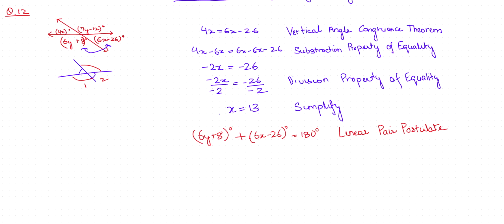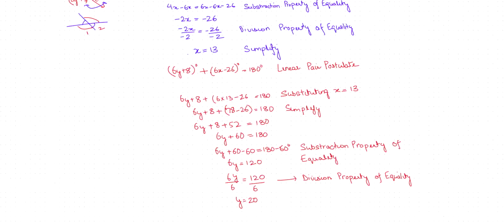Now let's solve this equation. We substitute x is equal to 13 here, and we got 78 minus 26. We simplify here. So we get 65 plus 6y is equal to 180.